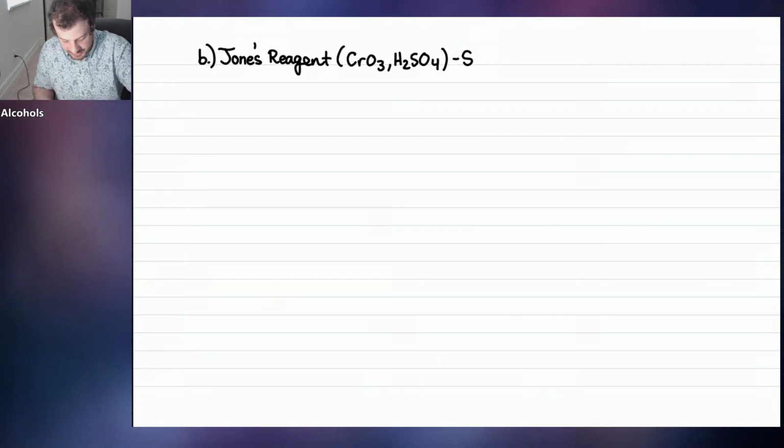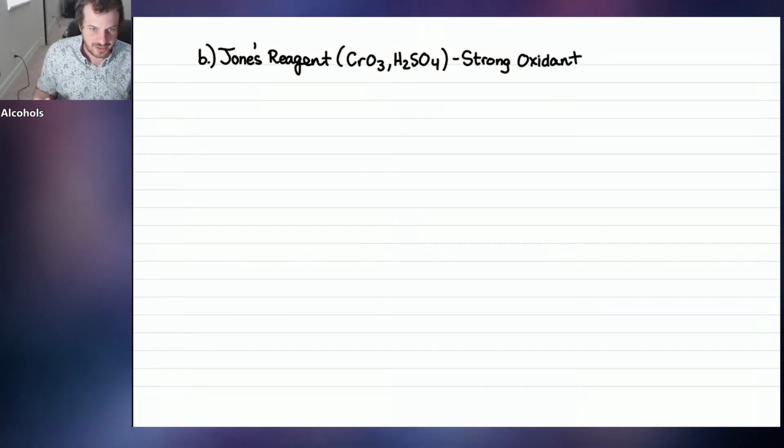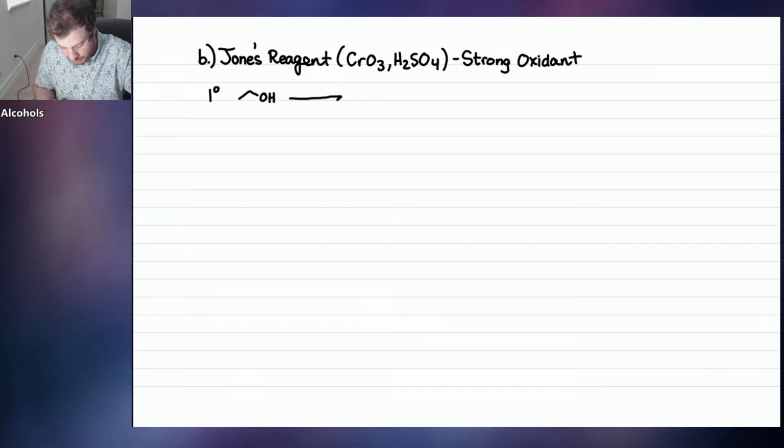This is definitely considered a strong oxidant. You have to be really careful with this stuff. It's also bright red. It kind of looks scary. It's a liquid, nasty stuff. It's kind of similar to PCC, except the only difference is with primary alcohols. With primary alcohols, you treat that with Jones's reagent.